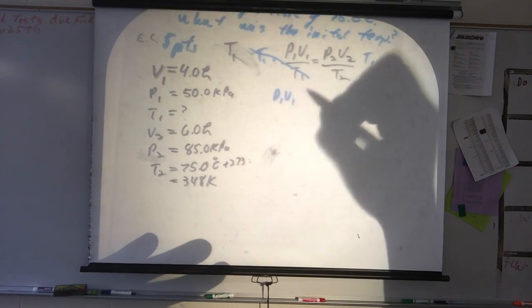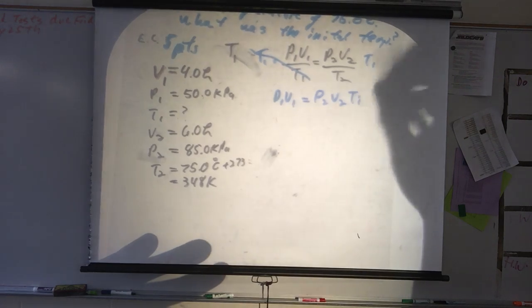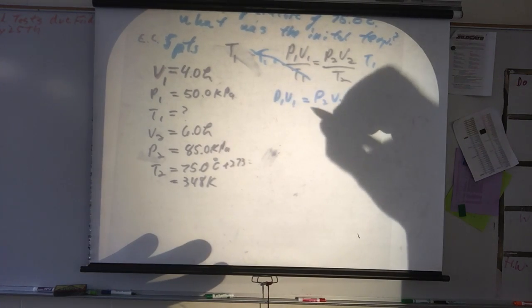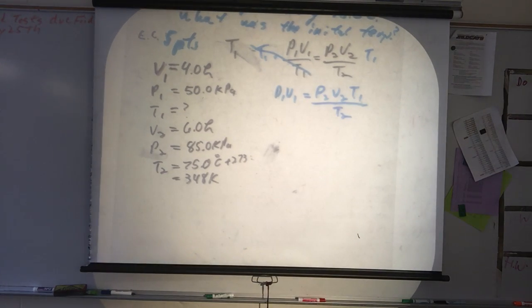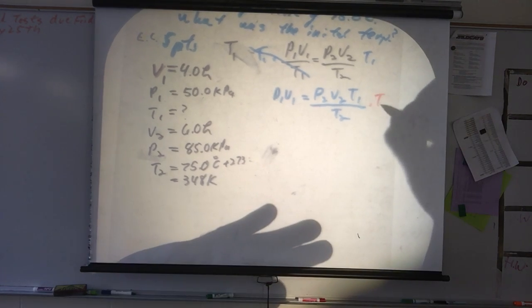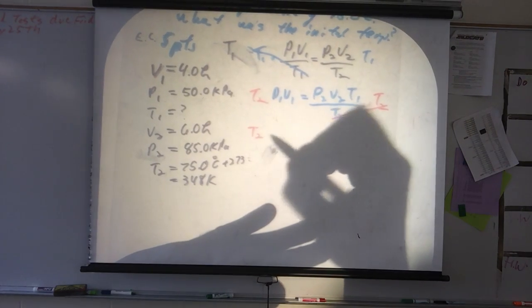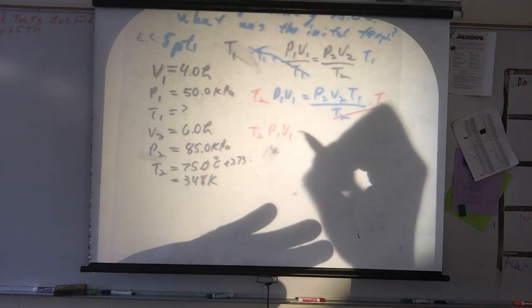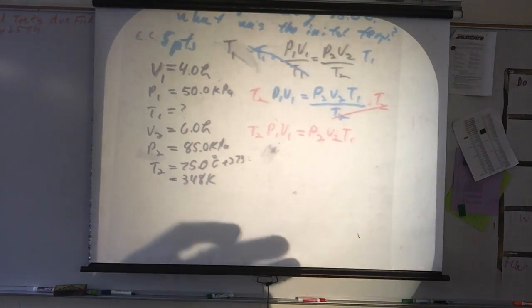So that gives me P1 V1 equals P2 V2 T1 over T2. Then I'm going to multiply both sides by T2 to get rid of my T2, and that gives me T2 P1 V1 equals P2 V2 T1.